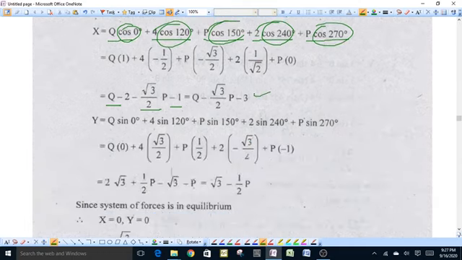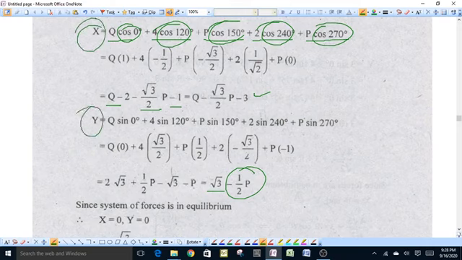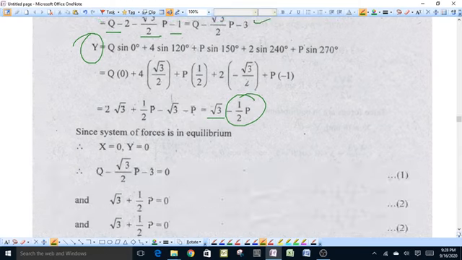Similarly, we can find the algebraic sum of all the y components of all these given forces. This will be equal to root 3 minus half P. Because the system of forces is in equilibrium, the algebraic sum of x components of all the given forces must be equal to 0, and the algebraic sum of y components of all these forces must be equal to 0 separately.